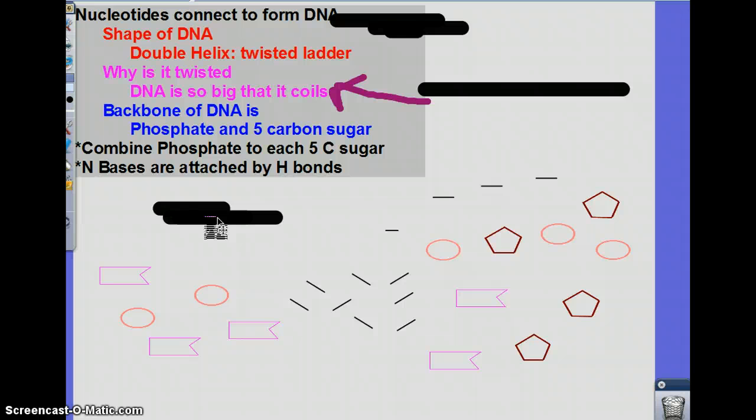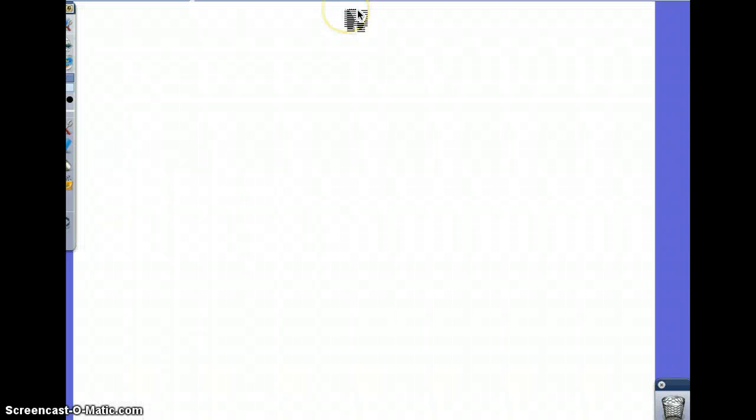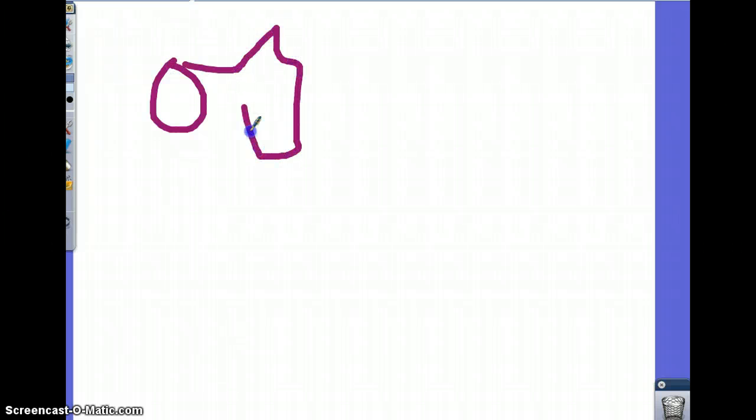I'm going to open up a new page and show you what I mean by that, so if you have to reference the video, you can. If I draw this circle, what is it? Phosphate. What's this? 5 carbon sugar. And what's a 5 carbon sugar attached to? Nitrogen base. What's this that I just drew here?